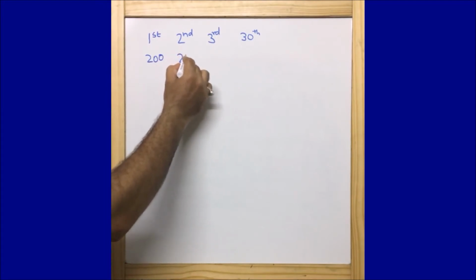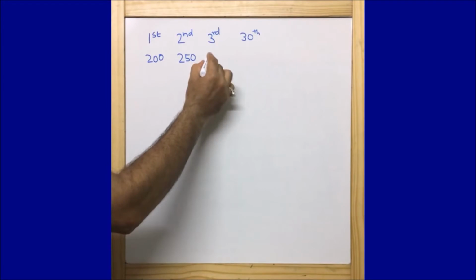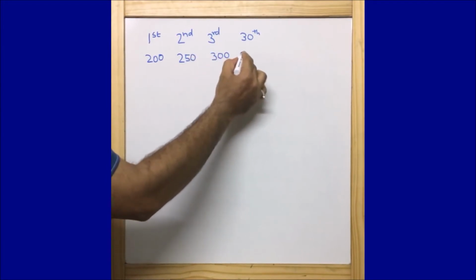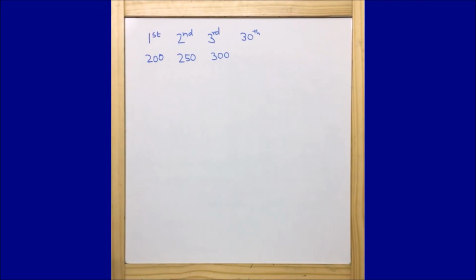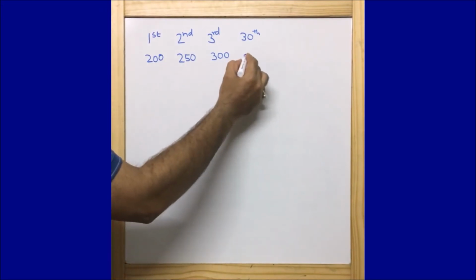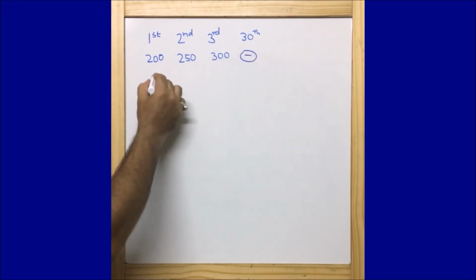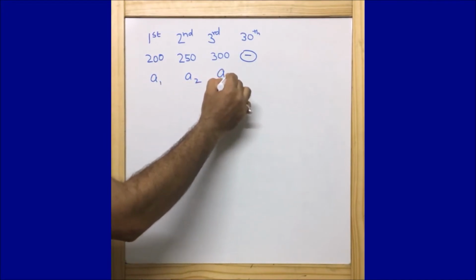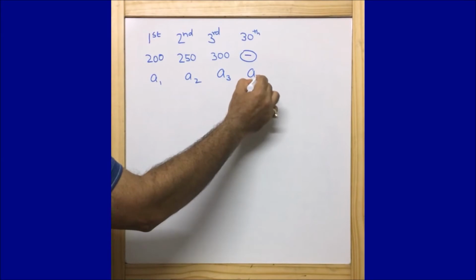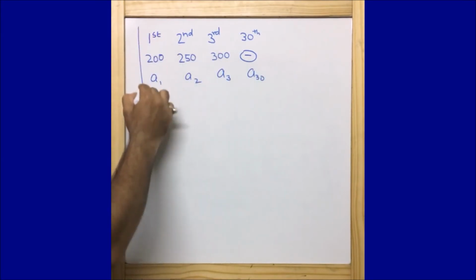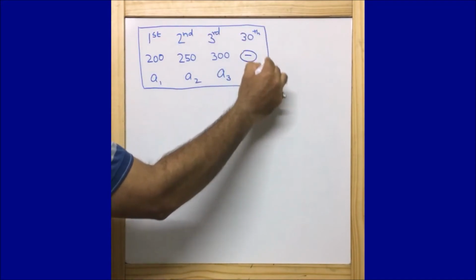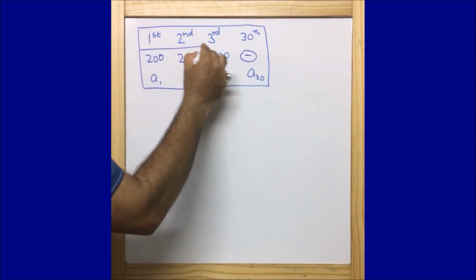So the second value is 250. The third value is 300, because if I add 50 to 250 it becomes 300. The 30th value we don't know, we need to find it out. Let me call these A1, A2, A3 and A30.